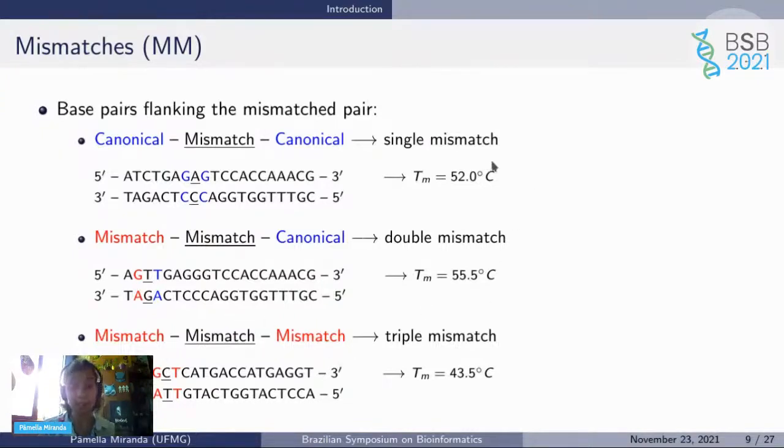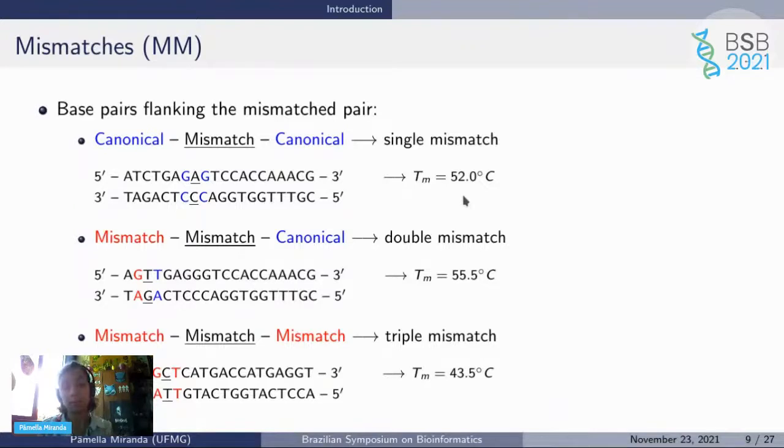It is interesting, in the first 2 examples, we have the same primer hybridized through the sequence. And for a single mismatch, we have 52 degrees for melting temperature. Although we expect a decrease in the melting temperature when we consider a double mismatch for the same primer, it is the opposite.